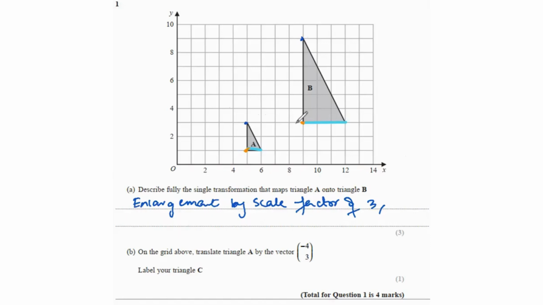This point is corresponding to this. And this one is corresponding to this one. So we connect them with straight lines. And the point where all of these straight lines intersect, that is going to be your center of enlargement.